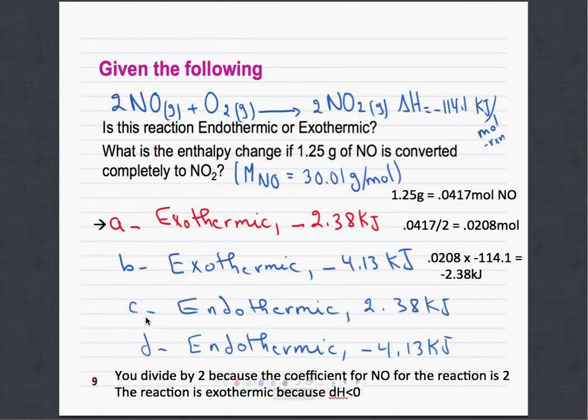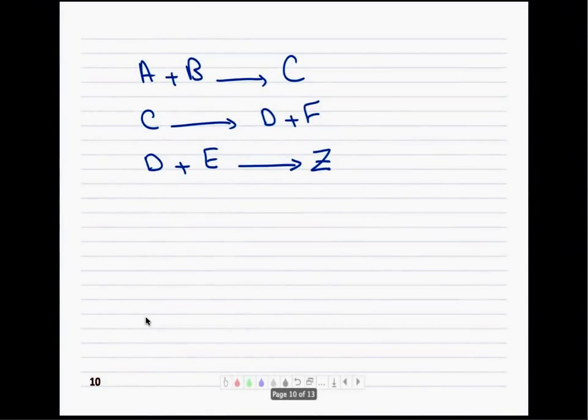Let's say I have 3 reactions: reaction 1, reaction 2, and reaction 3. A plus B gives C, and the delta H for this reaction I'm going to call delta H1.